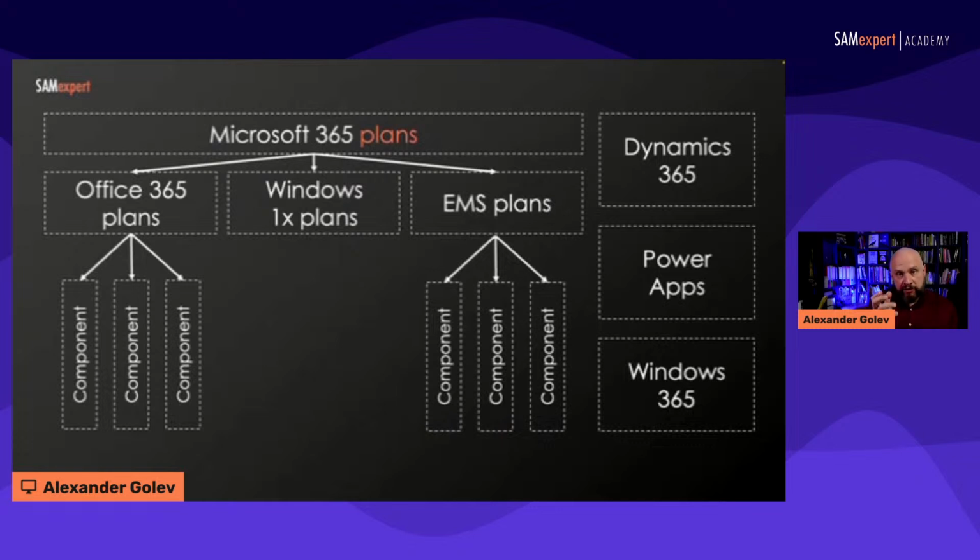Again, we're going to run an additional training about Power Apps. It deserves an additional training. Power Apps, and probably together with Power BI. And there's also Azure Virtual Desktop, which we'll mention today, and Windows 365. Again, that probably won't be a training, but a video on this channel explaining Windows 365 and Azure Virtual Desktop.